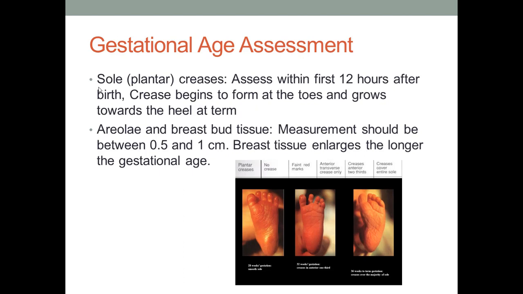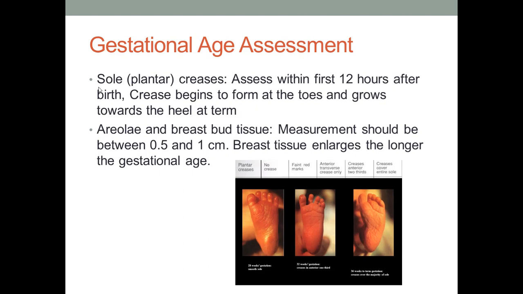Kind of a breakdown. Any baby that's less than 28 weeks is not going to have any creases on their foot. Babies that are 28 to 32 weeks, they're going to have some faint, thin lines. At 34 to 37 weeks, they might have 1 or 2 creases. If you can see in that middle picture, that major crease that goes across the top of their foot, just about a centimeter underneath their toes, that's probably what you'll see in a baby that's 34 to 37 weeks.